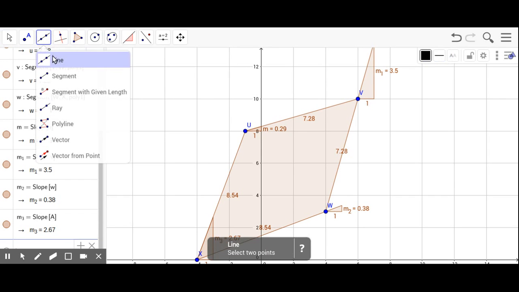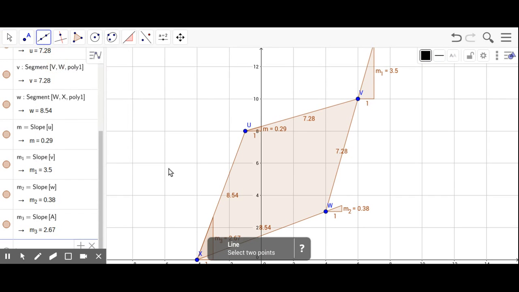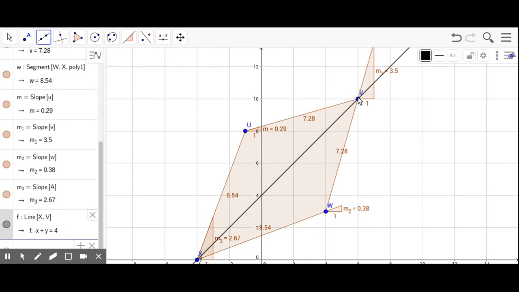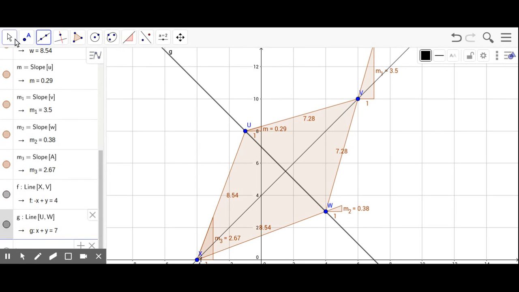Now finally what I'm going to do is work out the lines of the diagonals. So we've got that line there, and we have this line here. Now I want to find out what the equation of these lines are, so I'm going to click the value. So we've got x plus y equals 7, which is the same as y equals negative x plus 7.